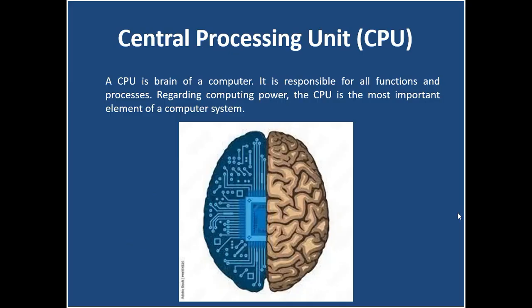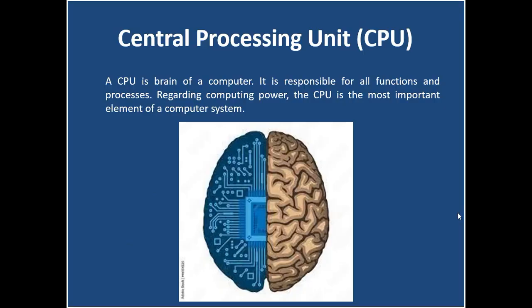So in short, let's talk about the central processing unit. The central processing unit is the brain of a computer. It's responsible for all functions and processes regarding computer power.